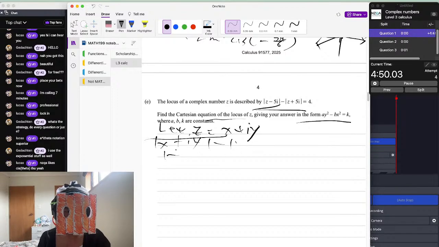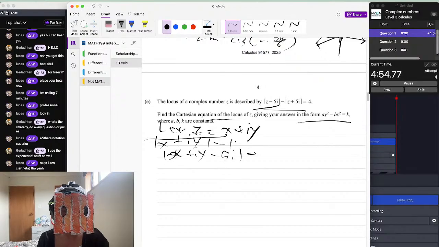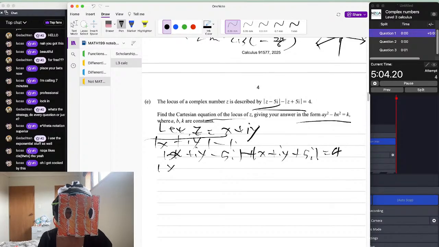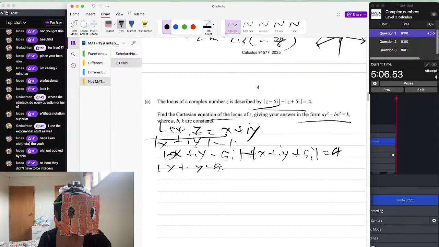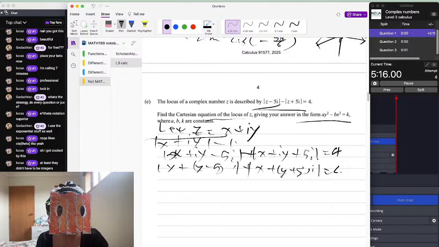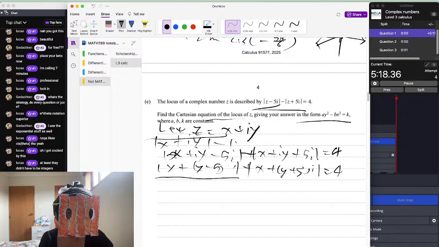Oops. And if we just group everything together, minus x plus y plus 5i equal to 4, and we're just putting the locus notation.